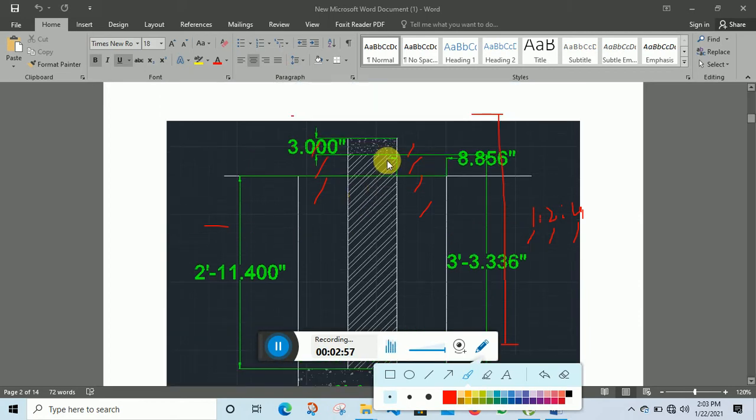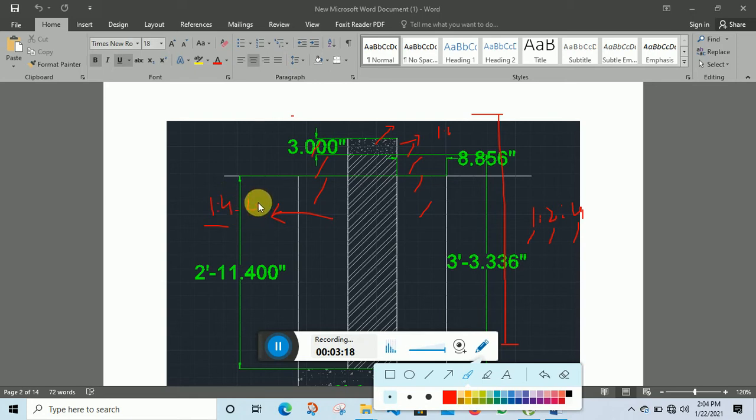This is the DPC, and the DPC thickness is 3 inches. This is also PCC concrete at the ratio of 1:4, and here we will drop concrete at the ratio of 1:8.